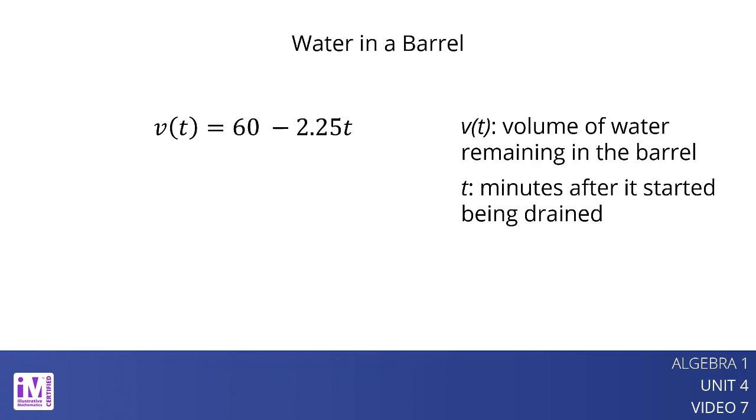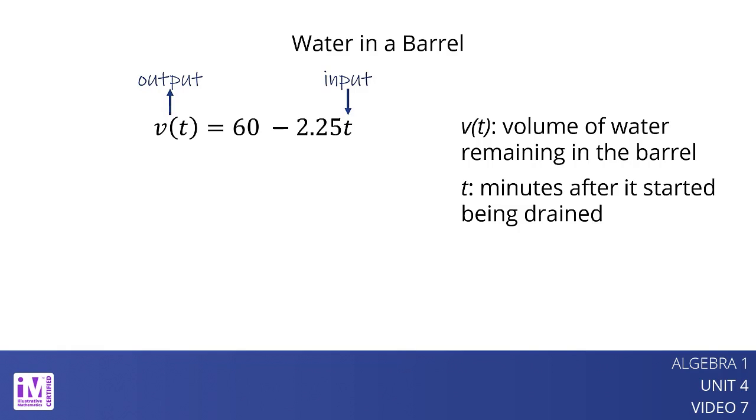From the equation and description, we can reason that there were 60 gallons of water in the rain barrel and that it was being drained at a constant rate of 2.25 gallons per minute. This equation helps us find the output, V of t, when we know the input, t.